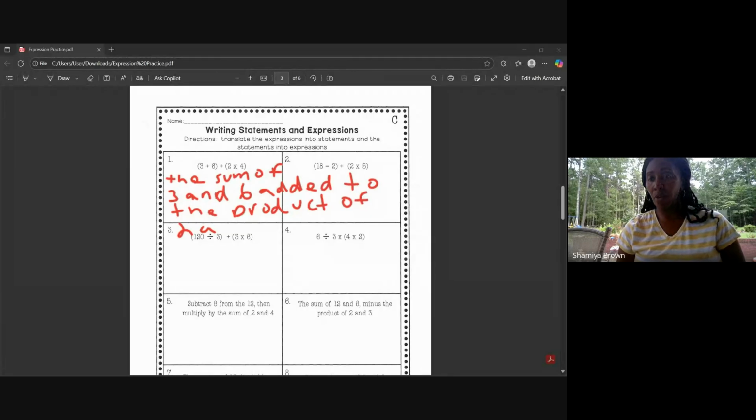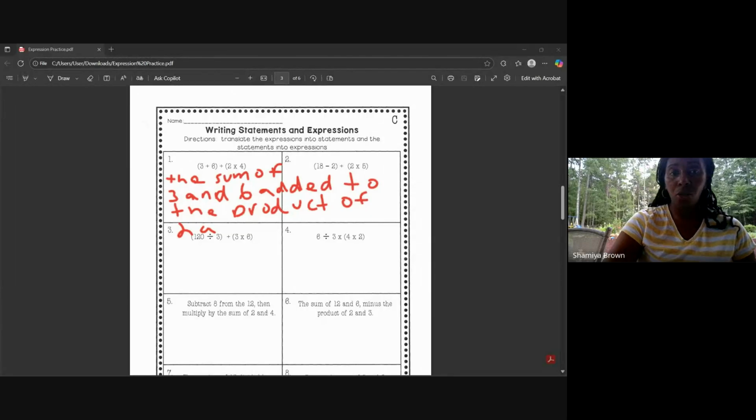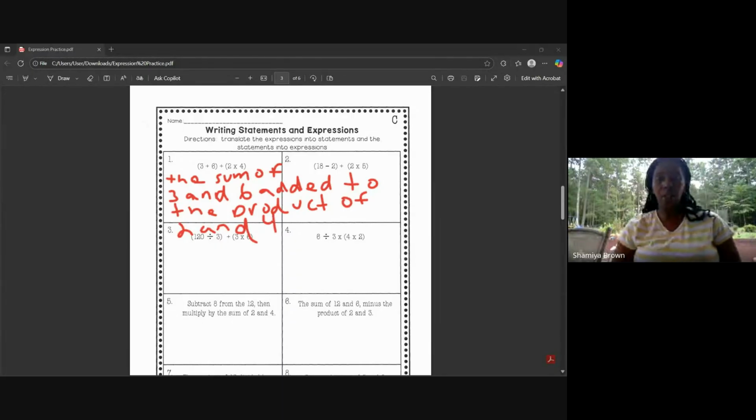I have no idea what just happened there. So that's how I could write that. This is one way you can write it. There's several ways you can write it, but this is one of the correct ways.